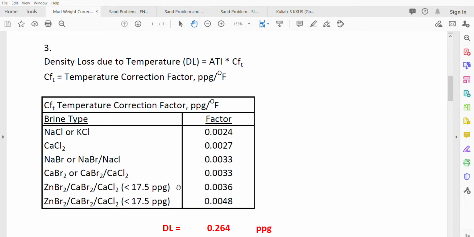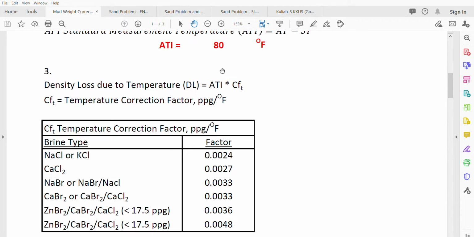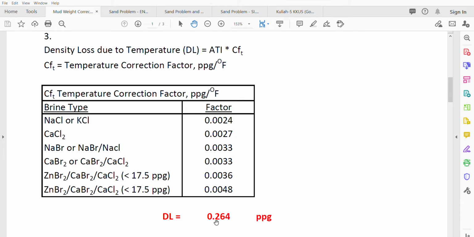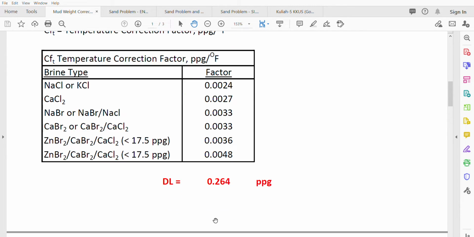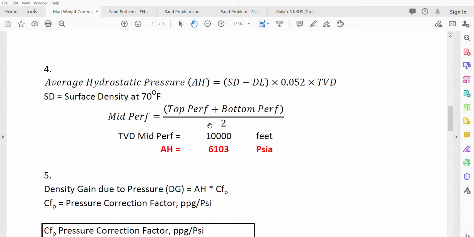So the density loss due to temperature is this factor multiplied by this 80. In this case we have sodium bromide, we use 0.0033, and if you multiply it, it becomes 0.264 ppg.